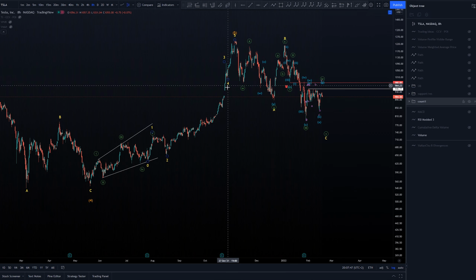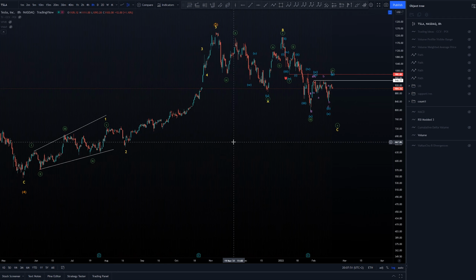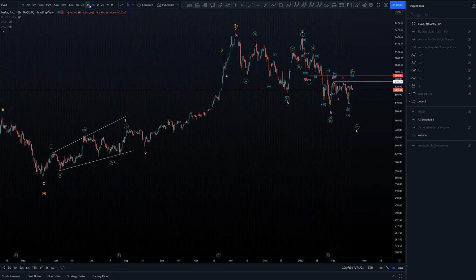Obviously the 4th is so minimalistic, you barely see it in one day candle. So I'm now on 8 hours. Why did I end up here as a diagonal?